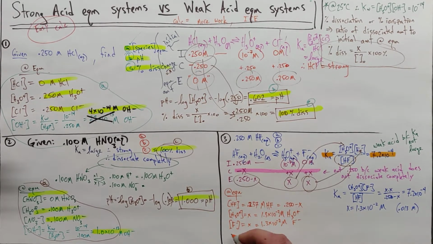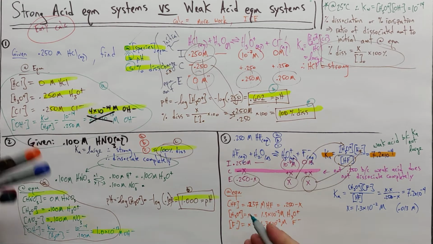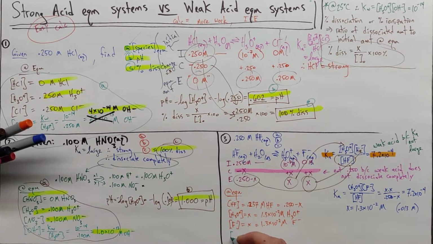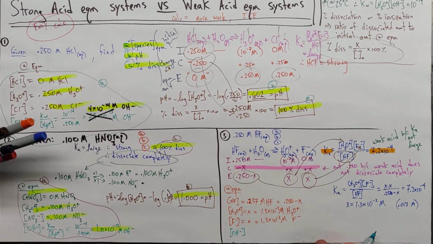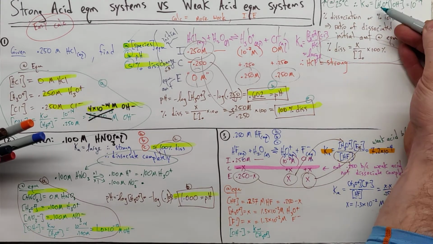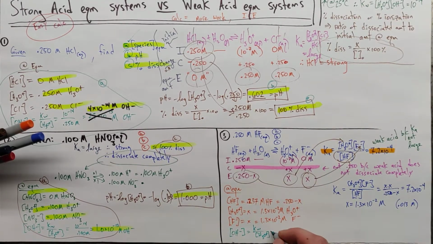And we still have to worry about that hydroxide ion. Anytime you have H3O+, you also must have OH-. In this case, that's going to be Kw over H3O+, as we solved from that Kw expression right there. 10 to the minus 14th over our H3O+, which is 0.013.